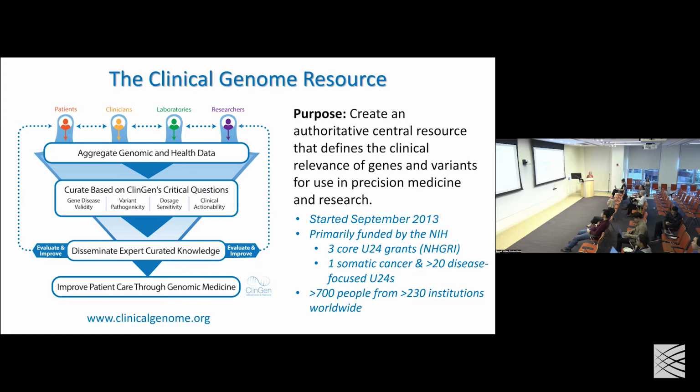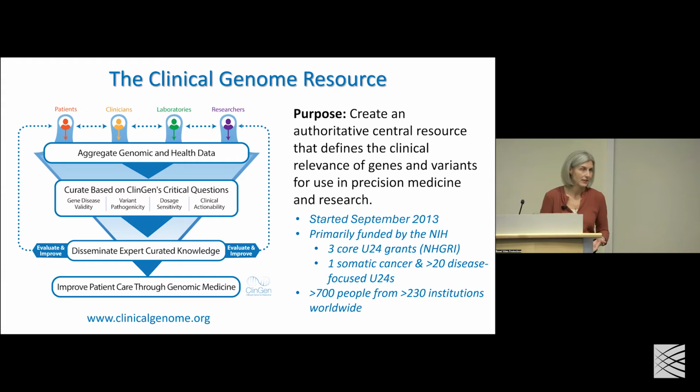This is a large NIH-funded project that has 3 major centers, one of which is led by Heidi Rehm here at the Broad. And really, their motive is to create an authoritative central resource that defines the clinical relevance of genes and variants for use in both clinical genetic testing as well as research. So Clingen has 4 major focus areas: gene disease validity, variant pathogenicity, dosage sensitivity, and clinical actionability.